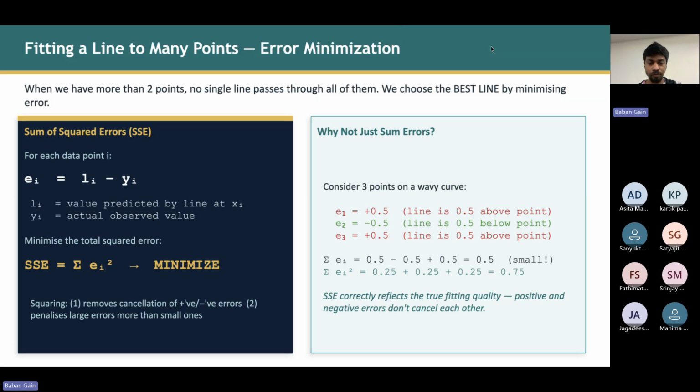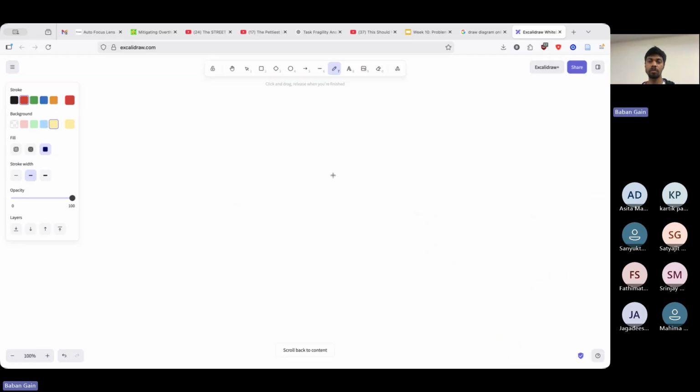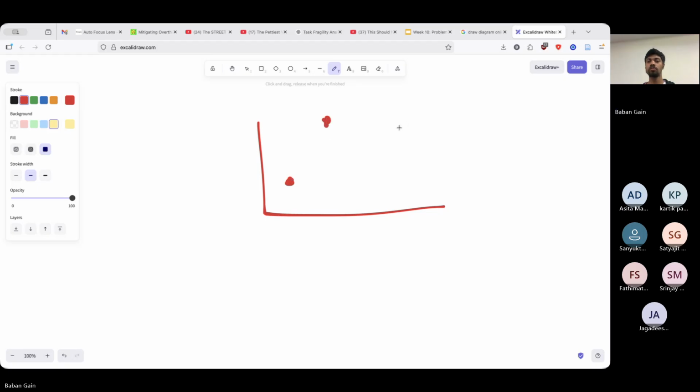Okay, so suppose we have more than 2 points. Like this, we have multiple points. Let's say this is point 1, point 2, point 3. Sometimes it might be possible that you can draw a straight line which intersects all of them, which is technically possible.